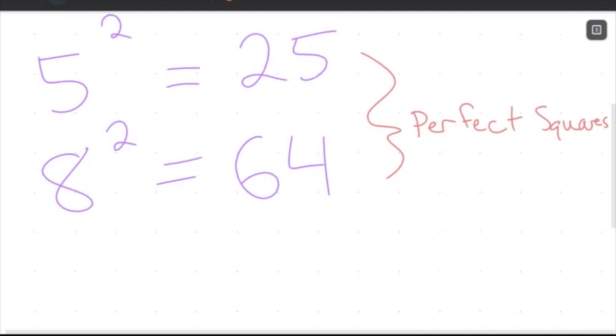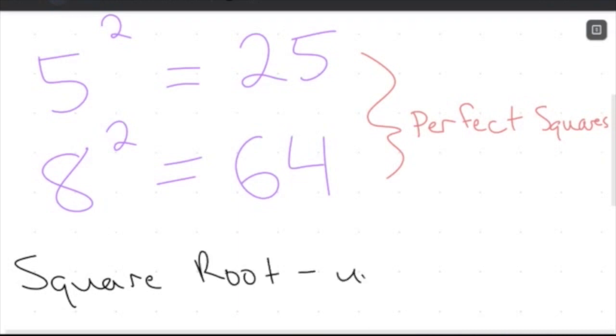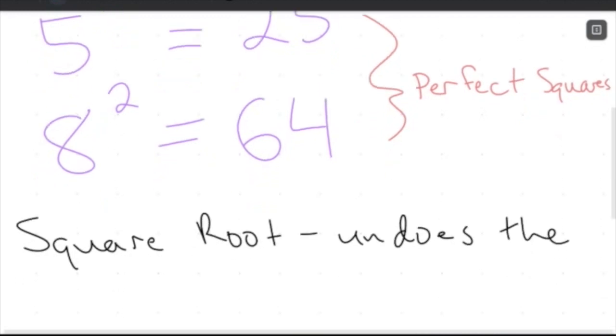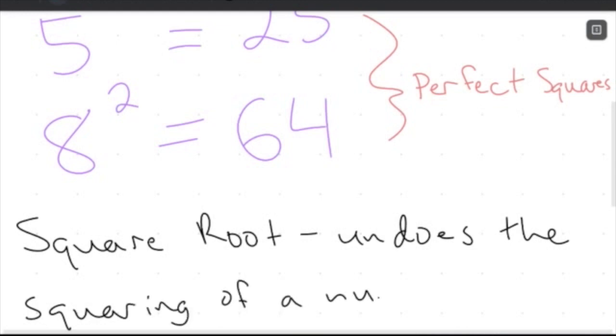And something we can do with these perfect squares is apply what we call a square root. A square root undoes the squaring of a number. When we think of a number multiplying by itself, we square it, we get something else.